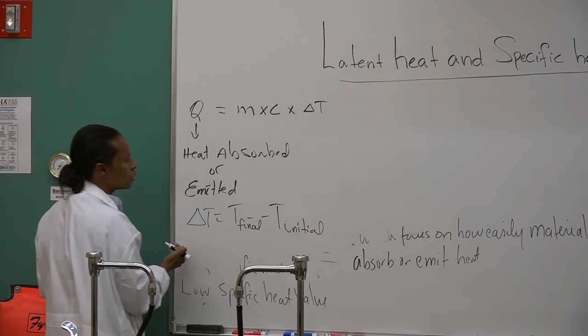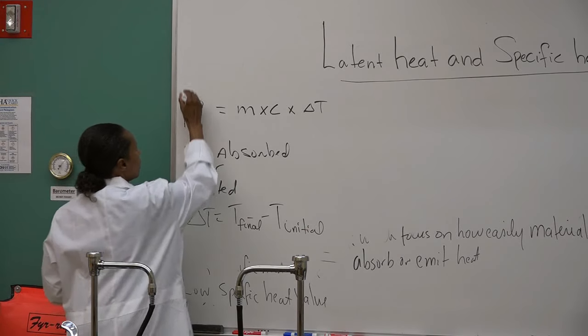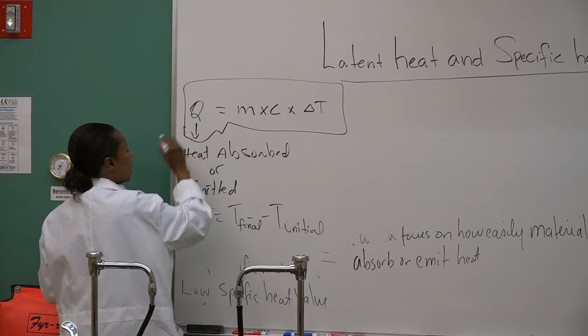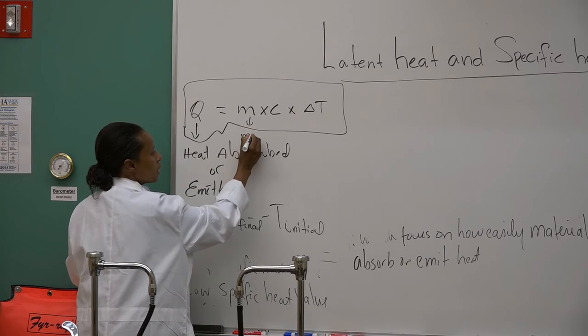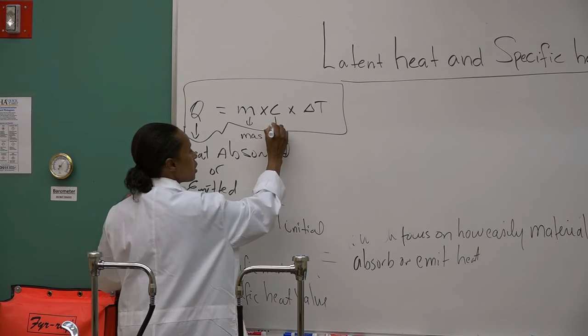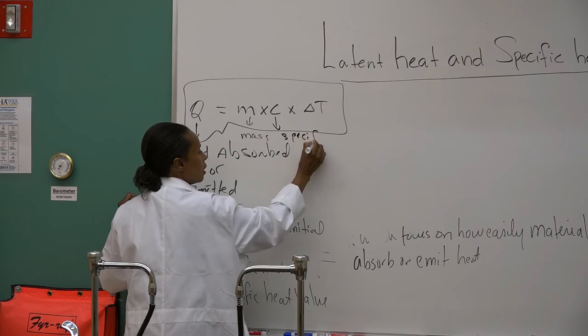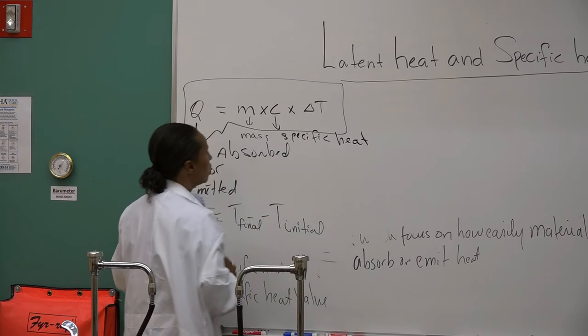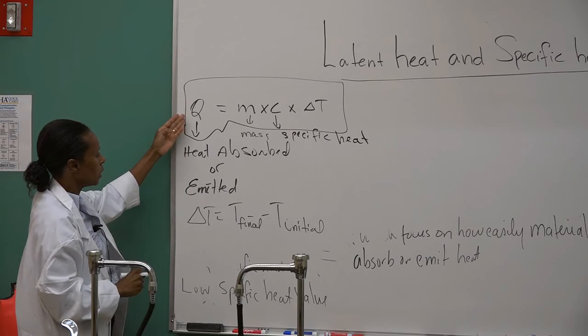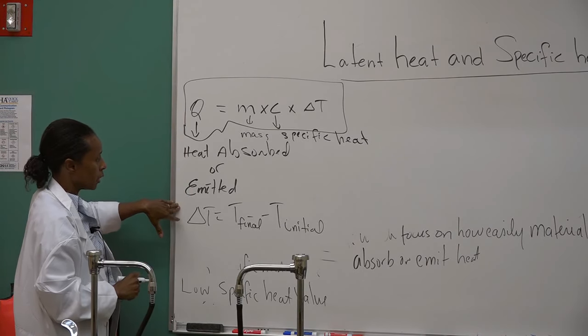So the difference between the two of them will give you delta T. So the product between the mass and your specific heat or heat capacity is going to be multiplied by the change in temperature, which is then going to be equal to that heat absorbed or heat emitted.